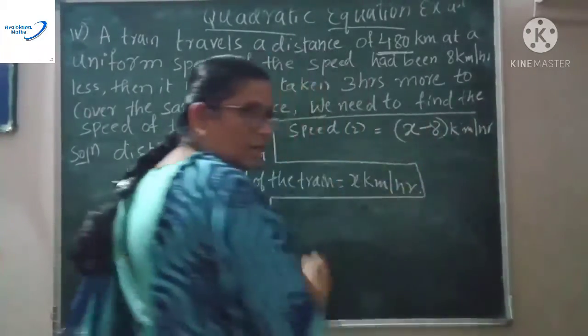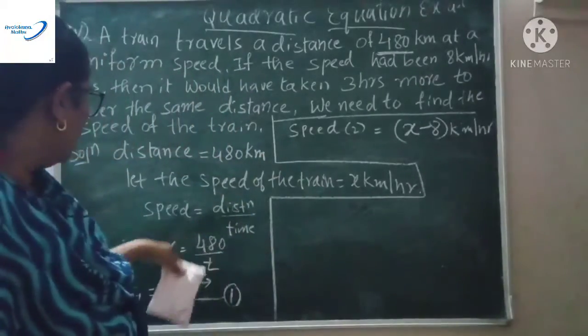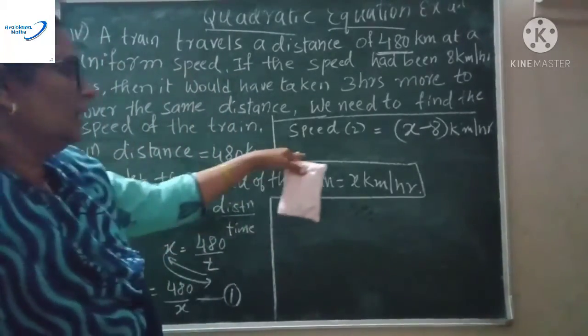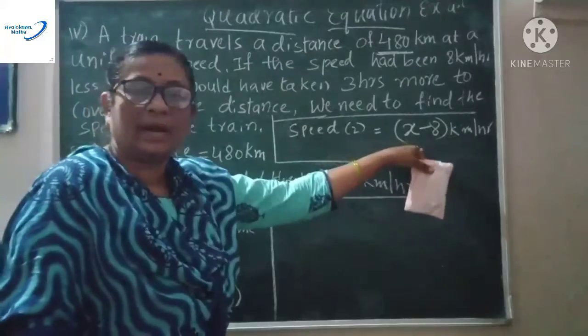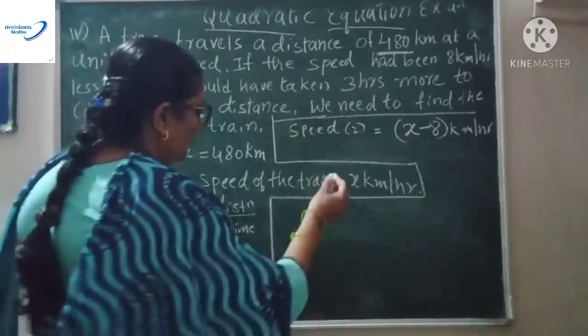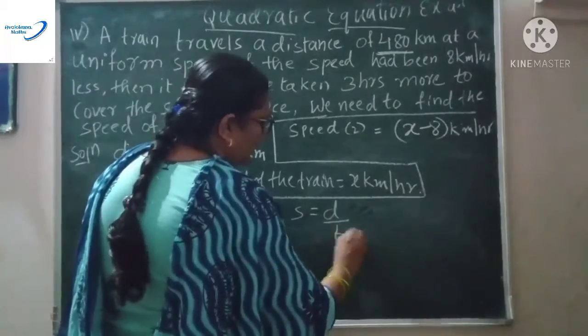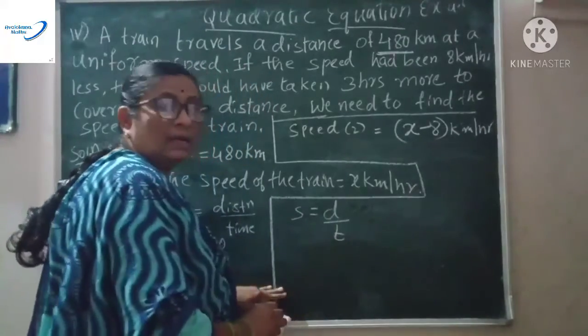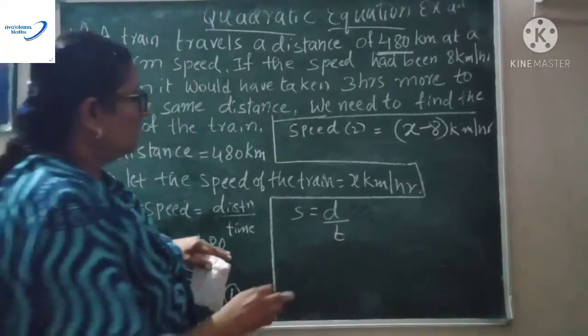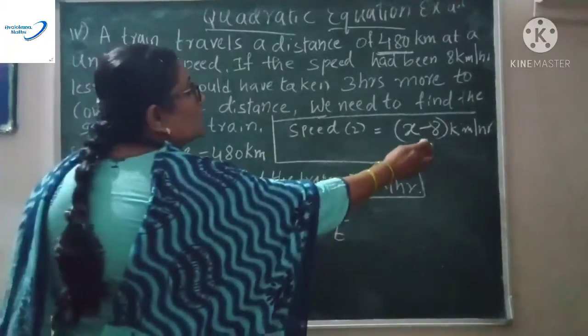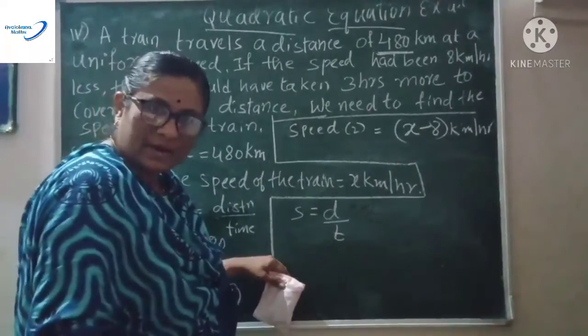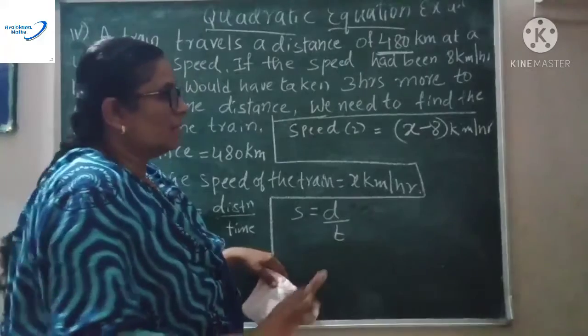In the same way, we find the time taken by the train when the speed is reduced by 8 kilometer per hour. Speed is equal to distance upon time taken. We are finding time 2, the time taken when the speed is x minus 8 kilometer per hour.